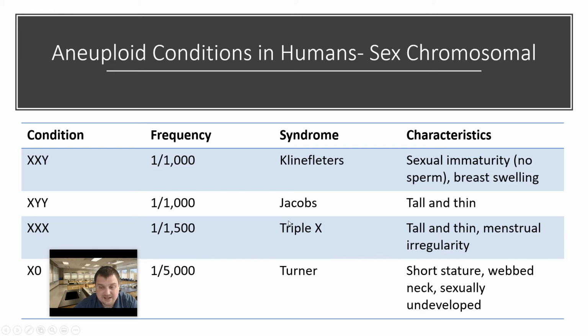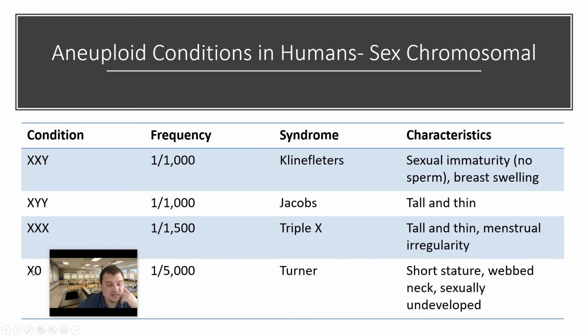It's called triple X. This isn't hugely detrimental to that female, because since females have two X chromosomes, they already shut one down, and so they end up just shutting that one down too. However, there is a little bit of an estrogen and other hormonal imbalance, and so it does cause irregularities in the menstrual cycle and other things like that.